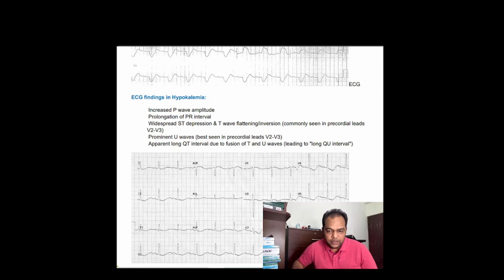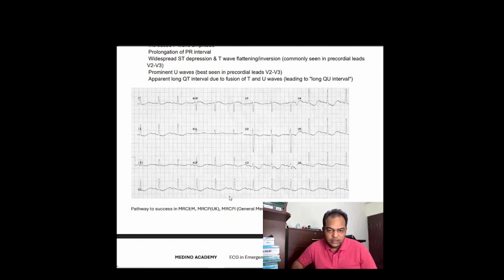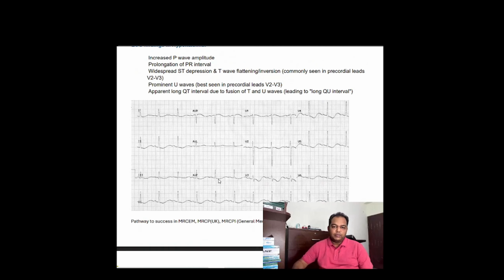You can appreciate here in this ECG, this is the T wave and this is the U wave. So U wave is suggestive of hypokalemia.